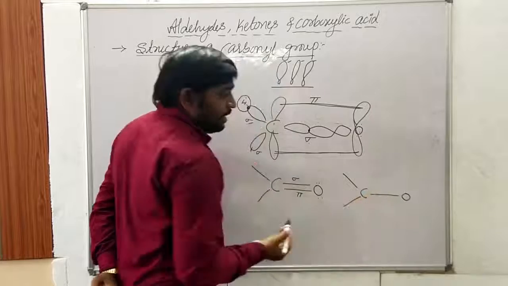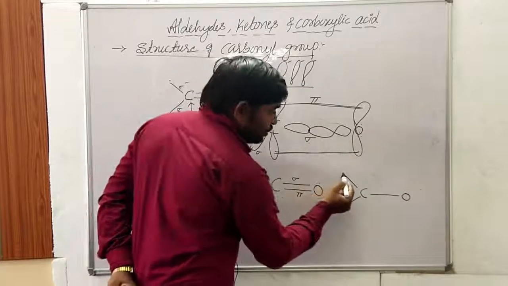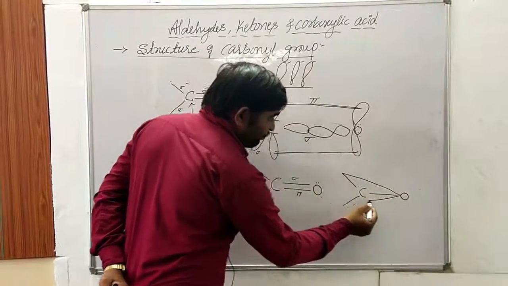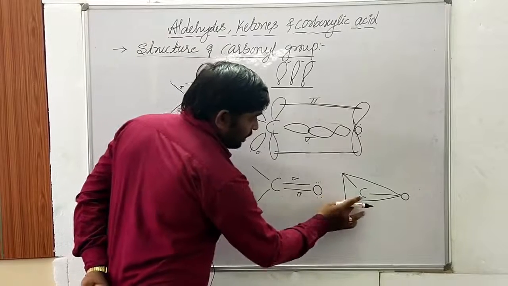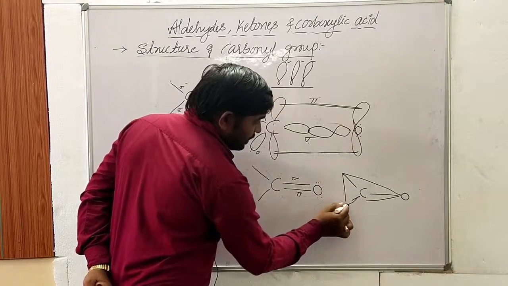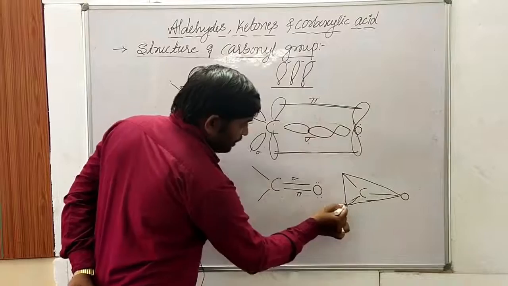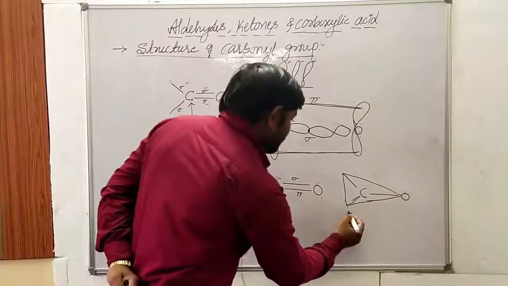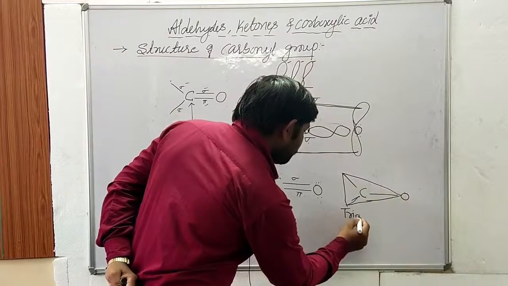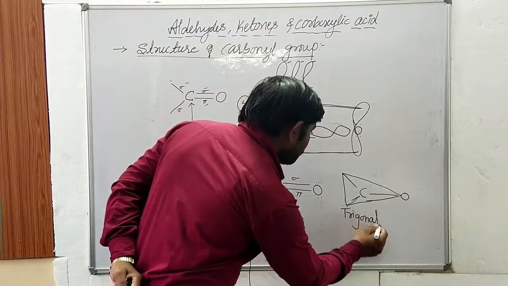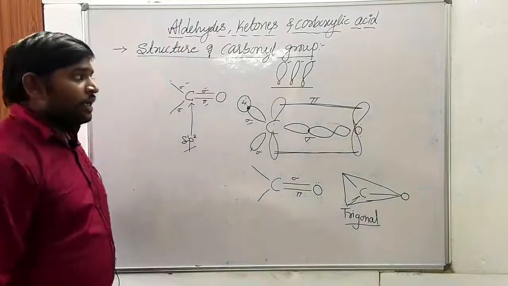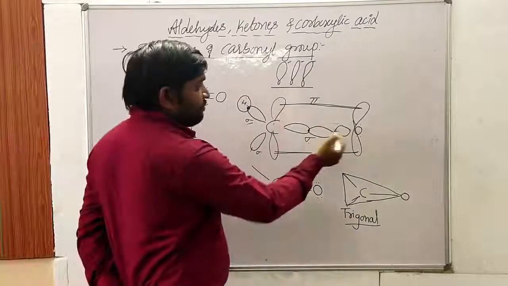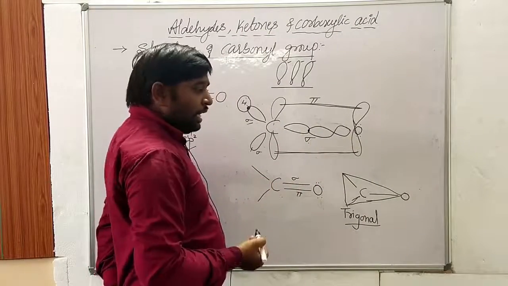When we consider the planar structure, this leads to trigonal geometry. So the geometry of this molecule is considered trigonal, which undergoes sideways overlapping, and a pi bond can be seen.